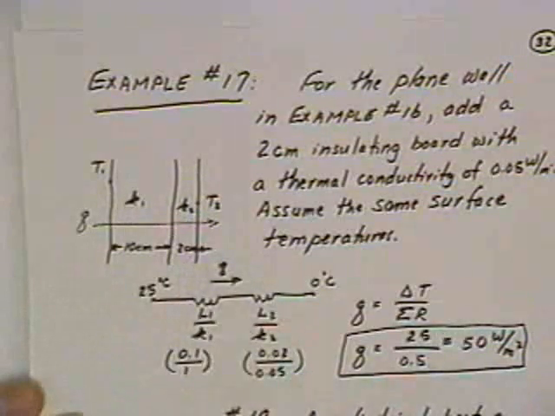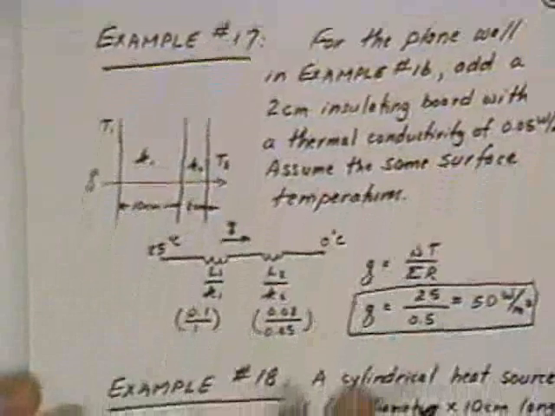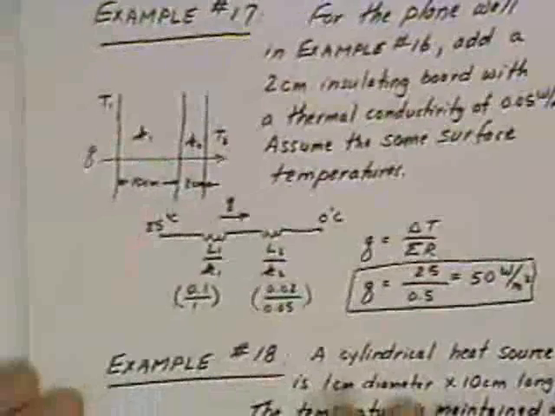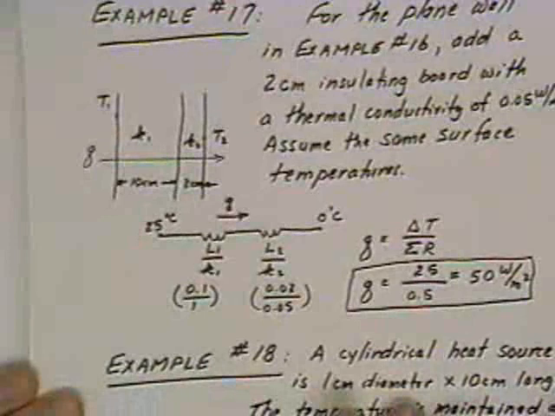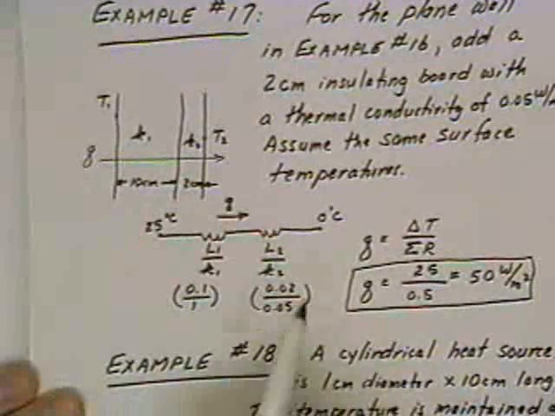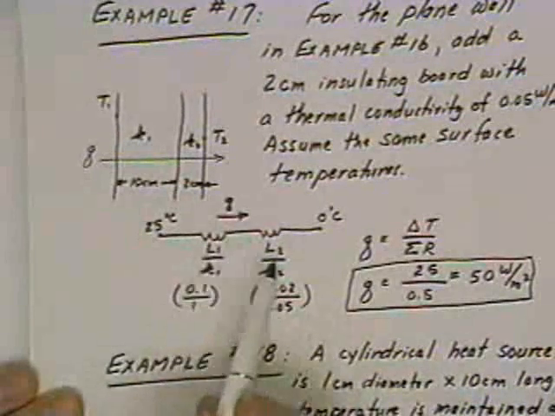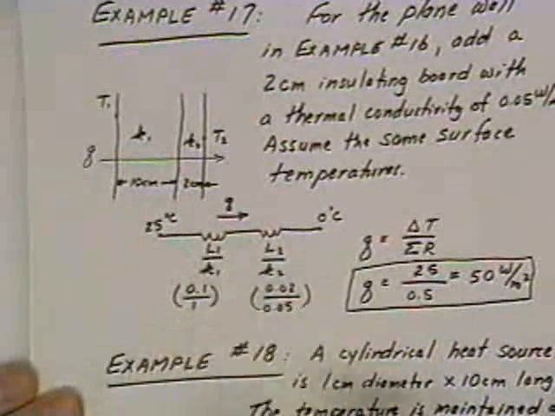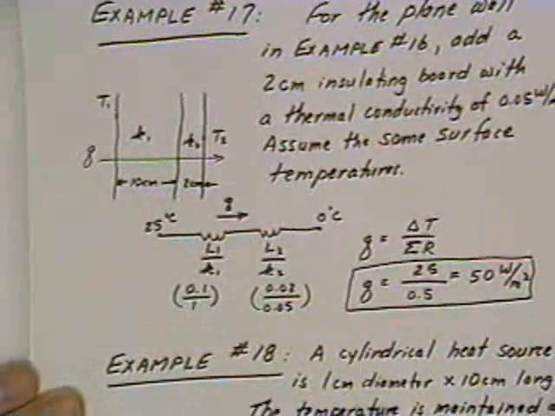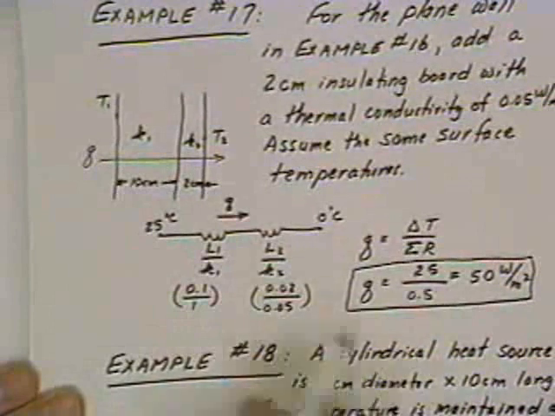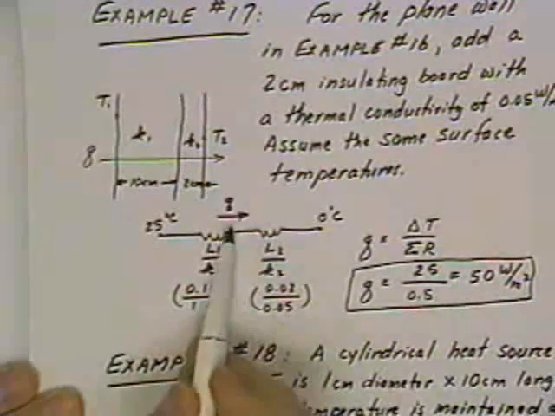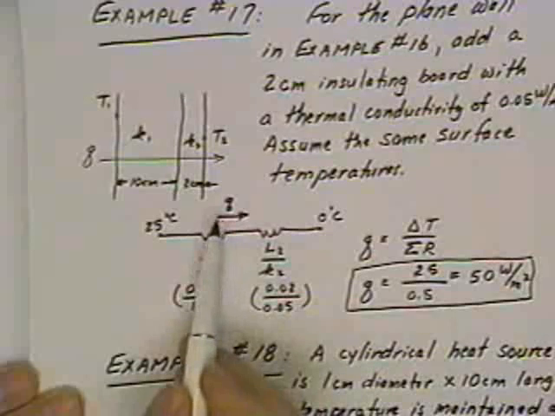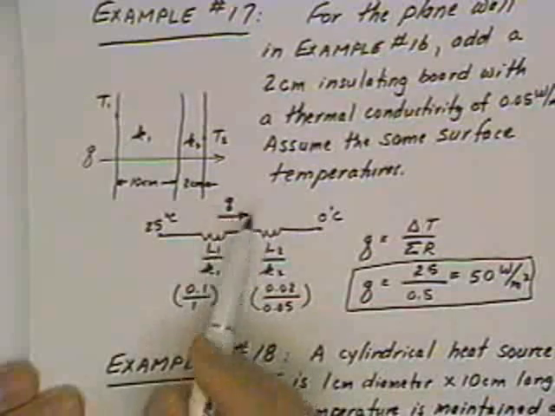Now, the way that you calculate heat transfer through a composite wall, as this would be called, is that you work this generally on the basis of an electrical analogy. In the electrical analogy, Q corresponds to I, the current.